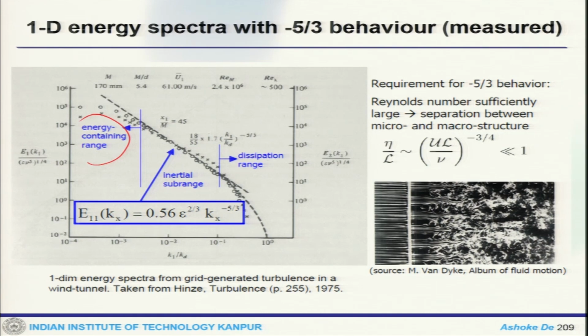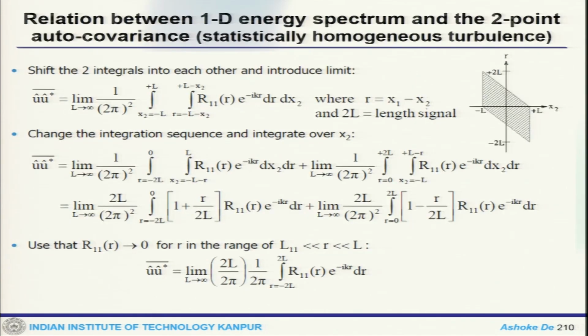Now we can look at the relation between the 1D energy spectrum and the 2-point autocovariance for statistically homogeneous turbulence. So this shifts the 2 integrals into 1 and the limit, so that u bar prime will look like this. Now if you change the integration sequence and do this algebra, finally you get this.